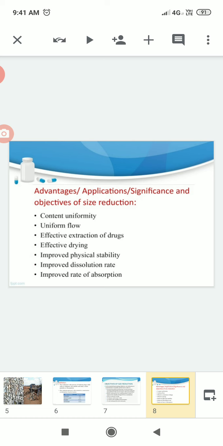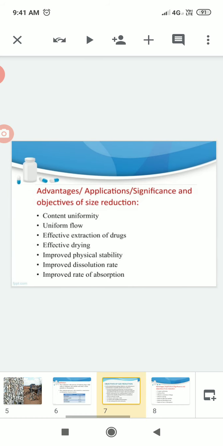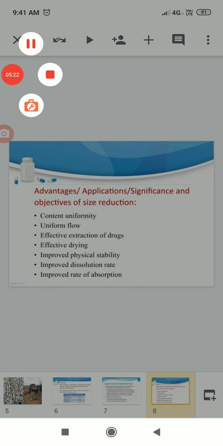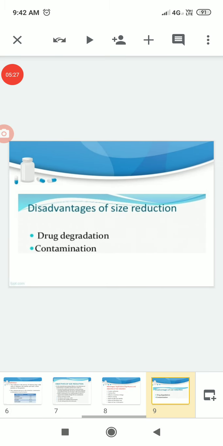These all are the advantages and applications of size reduction. Now, what are the disadvantages of size reduction? If it has advantages, it can have disadvantages also, like drug degradation and contamination.